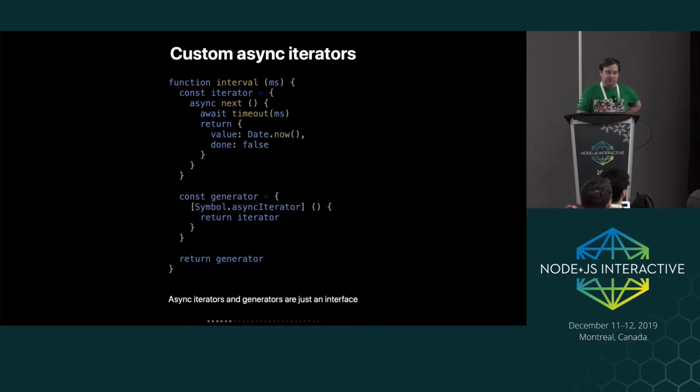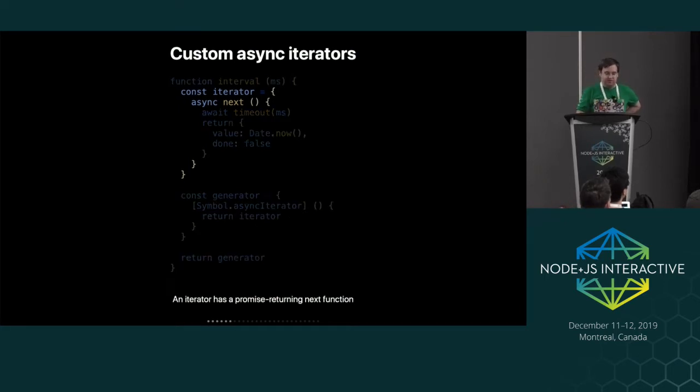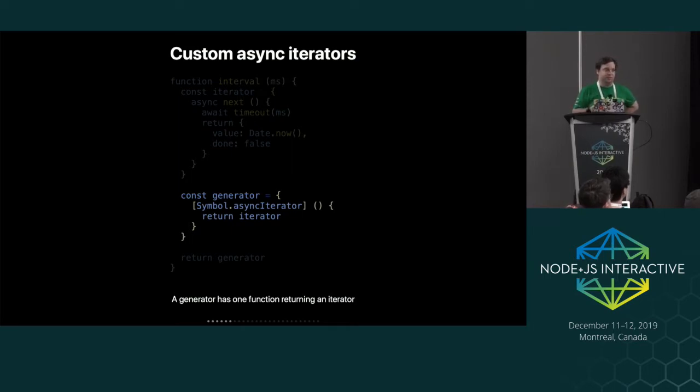Internally, it's an interface with a promise-returning next function that resolves to an object with a value and a flag indicating whether it's done or not. And objects that have the Symbol.asyncIterator function that returns an iterator can be consumed by for await of loops.